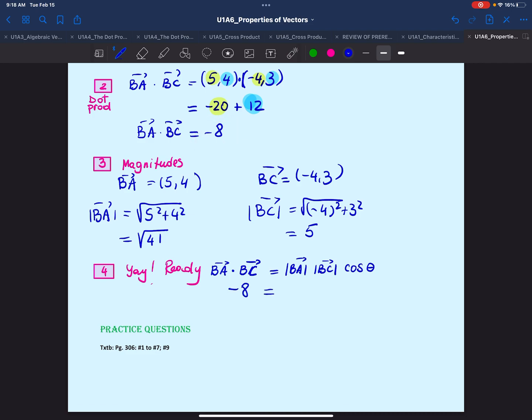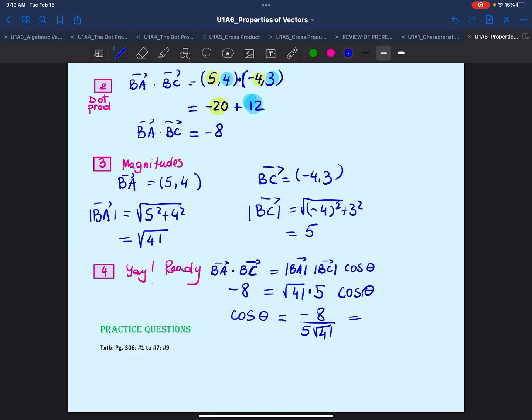The magnitude of BA is root 41. BC's magnitude is 5, and cos theta is unknown. So we'll say cos theta equals negative 8 divided by 5 root 41. So you're isolating, and that would equal, let's calculate this.